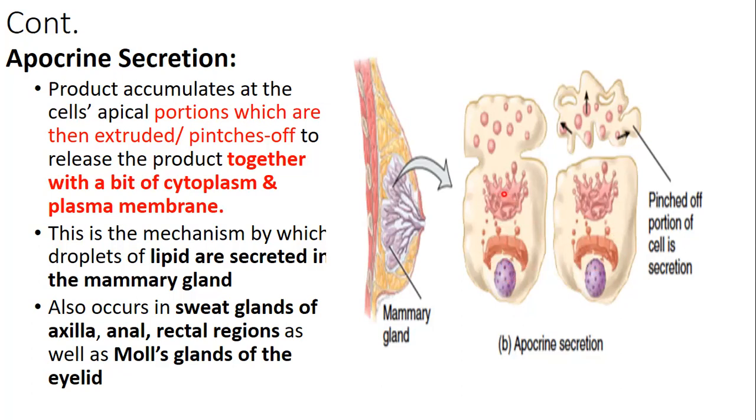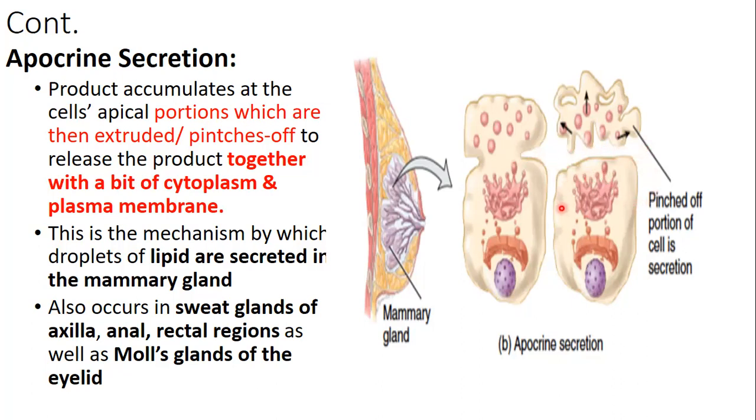Then when the gland is ready to secrete, the apical portion, as we discussed under epithelial tissue, we have the apical pole and the basal pole, detaches from the rest of the cell together with the secretory product that has been made by the cells. This is called cleavage, or pinching off, or detachment.